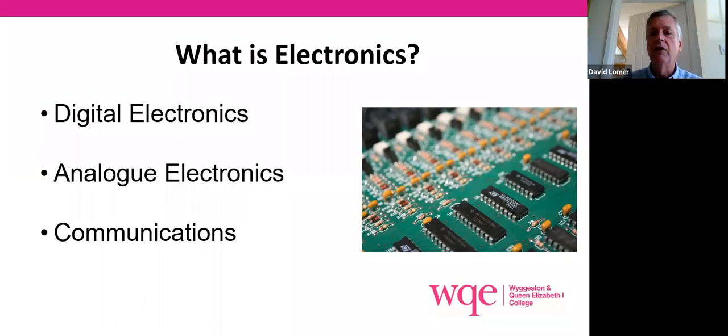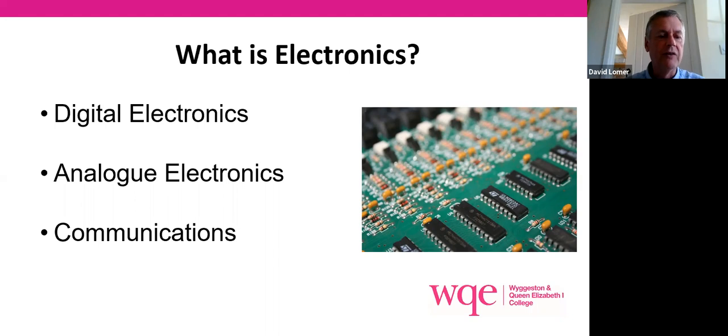Analog electronics is more about signals that can have any value, an audio system, amplifiers, that kind of thing. They're all working with analog electronics, and so we teach you about conditioning signals and processing them so that you can then listen to higher quality music.